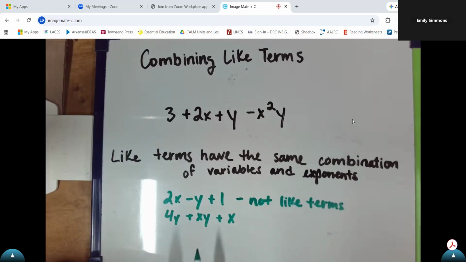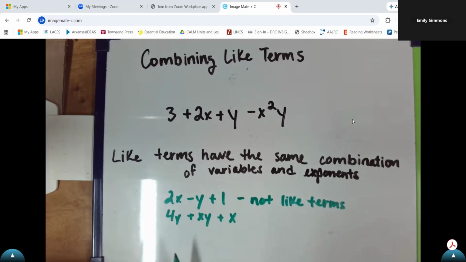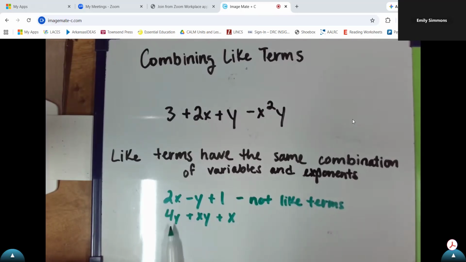And part of the reason for this is because when we're talking about variables in math, our variables are numbers that are unknown. And most of the time, when we don't know a number, if we've got different variables, that means they're supposed to be different numbers. So this y could be a 2, and this x could be a 3.